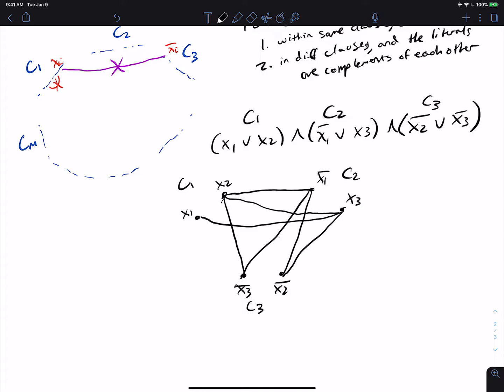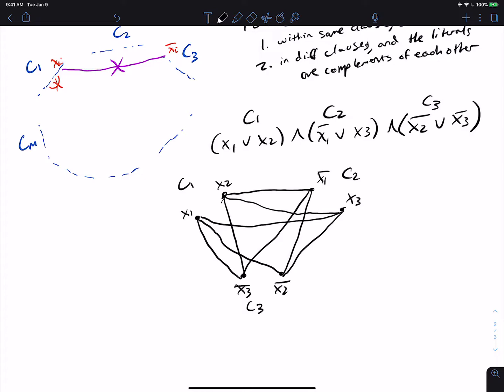X2 bar downstairs, we've done the 2 vertices on the right. We can't connect to the x2 on the left, but we can connect to this x1. X3 bar, yeah, we've already connected everything we can, I think. Oh, except this one. X1, have we connected everything that we can? Yeah, we have. And x2, I think we did everything we can.